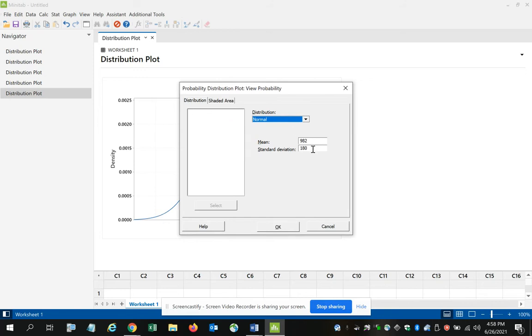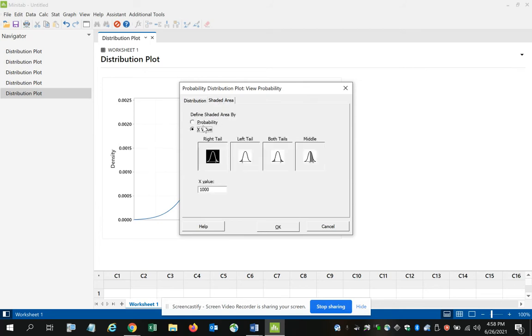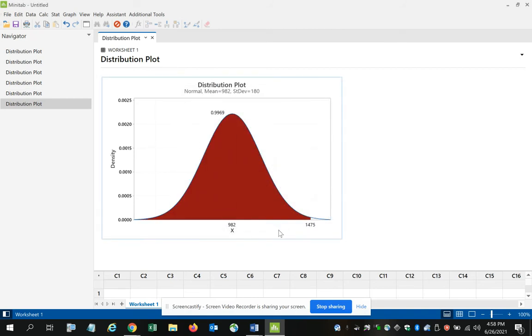The standard deviation is 180. I go to the shaded area. Shaded area is defined by the X value. It is a left tail, and my X value is 1475. I click OK.